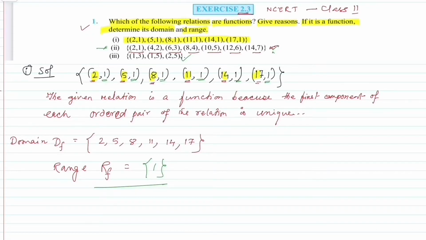That is why it is also a function. And what will be the domain? Domain will contain 2, 4, 6, 8, 10, 12 and 14. And what will be the range? Set containing 1, 2, 3, 4, 5, 6, 7. Okay, so let me show you here.